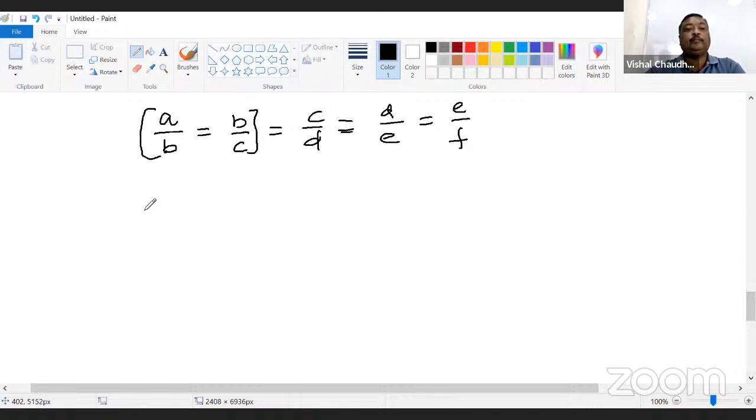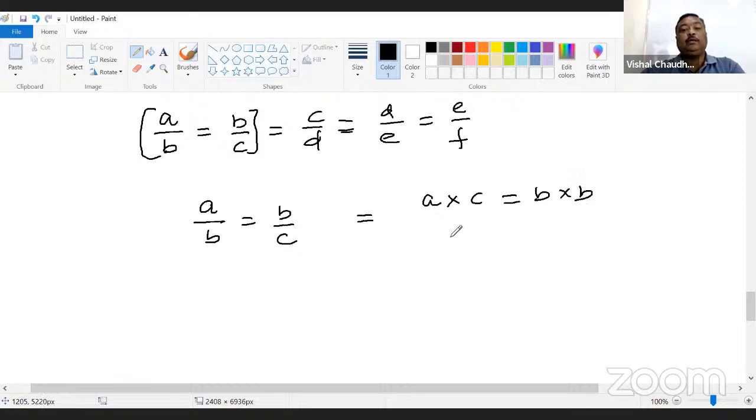Now see, if I take A by B is equal to B by C, in continued proportion we do not have a fourth term. Here A cross C is equal to B cross B, or B square is equal to AC.